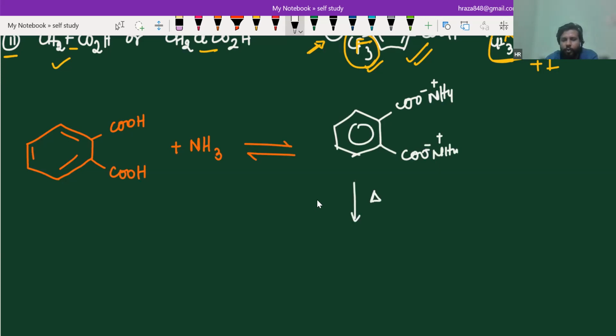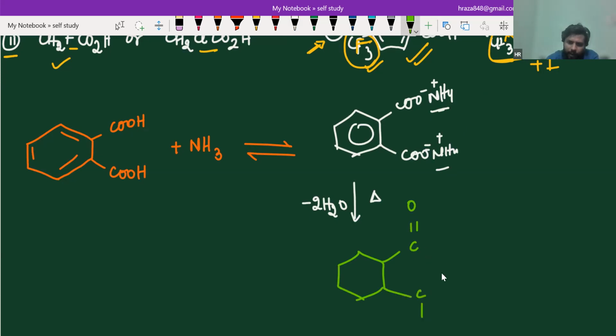There will be elimination of two molecules of water because we have two groups here. Then you can see this will be the product: C double bond O and then C double bond O, and then there will be NH. This is a very famous compound known as phthalimide.